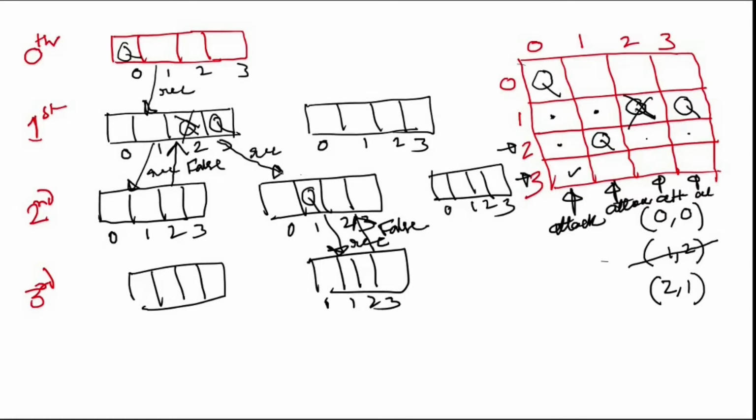This will also give a false call here. Now the interesting thing is that this fellow, the first queen, that means the second queen, first-index one, has already been placed in the last location. It doesn't have any choice, so it is also in vain. It is also a false call. So this guy also will return false.